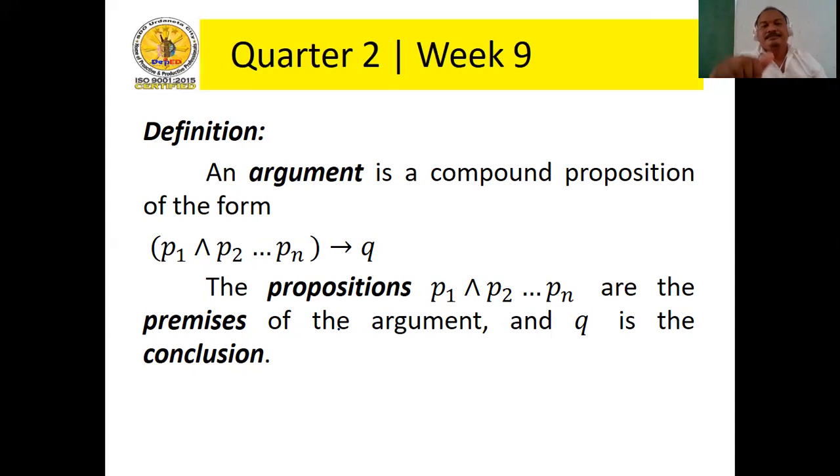validity of an argument. An argument is a compound proposition of the form P sub 1 and P sub 2 until P sub n, then Q. The propositions P sub 1, P sub 2, up to P sub n are the premises of the argument, and Q is the conclusion. We have already established what is meant by categorical syllogism.